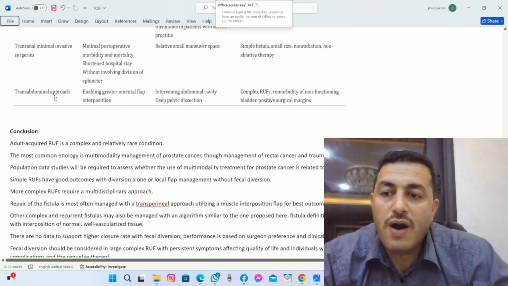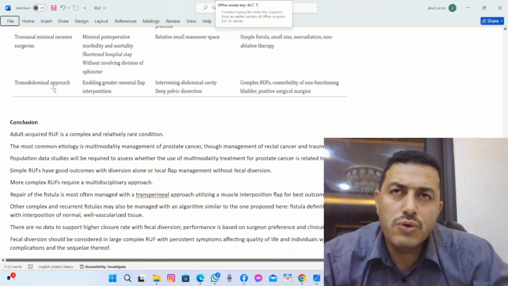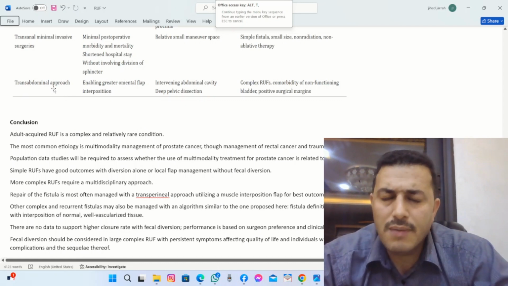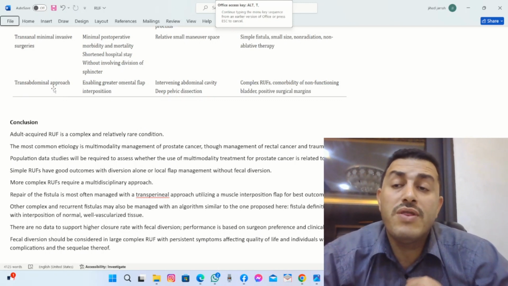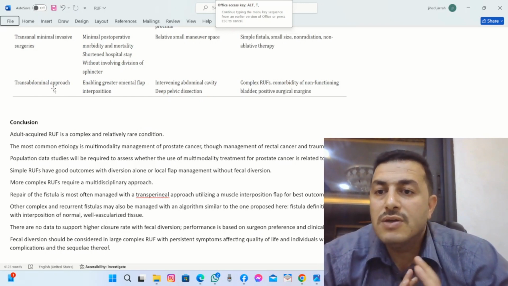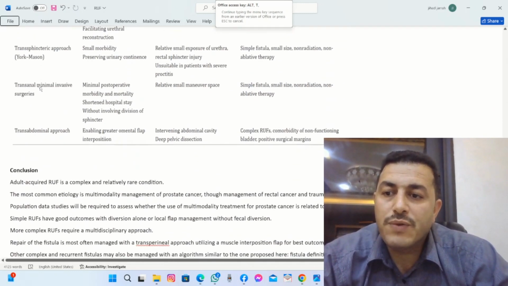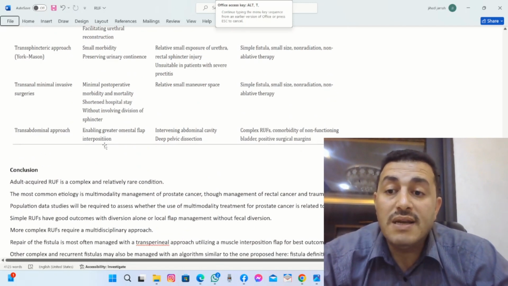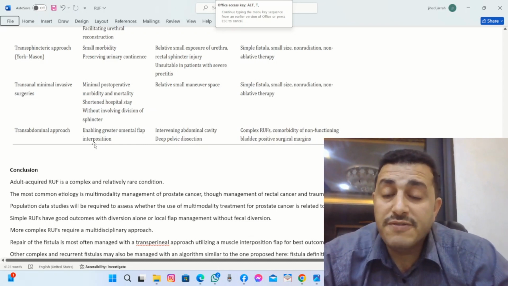If we move up to the transabdominal approach, we said we have many surgeries. It's like a more radical approach, salvage surgery, when the previously mentioned approaches failed. So of the advantages of the transabdominal approach, enabling greater omental flap interposition. When we talk about the omental flap, which depends on the left gastroepiploic, and the rectus abdominis flap.